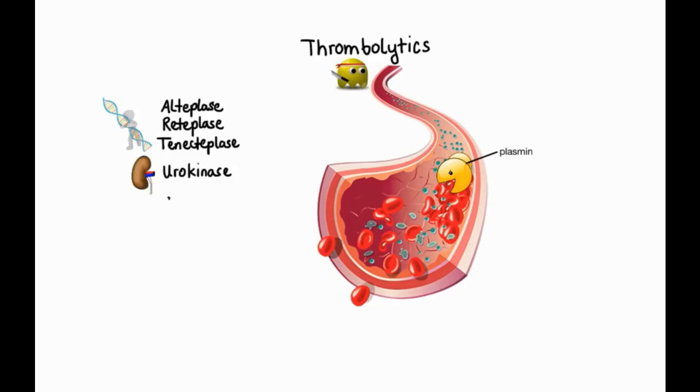And lastly, one more class is streptokinase, which is derived from the streptococci bacteria. The first group is more selective, and urokinase and streptokinase are non-selective and can cause bleeding into various other organs also.